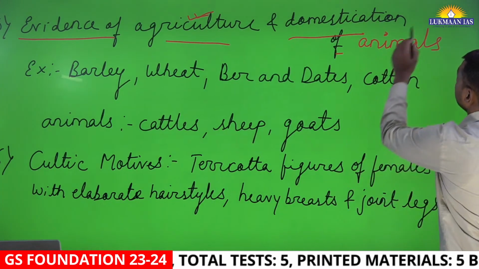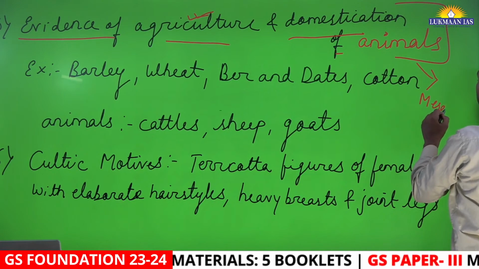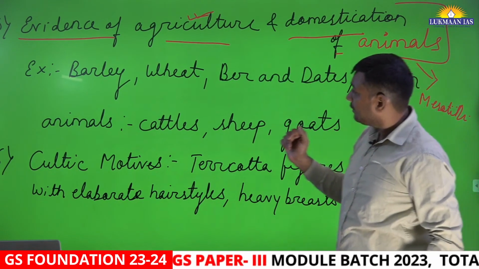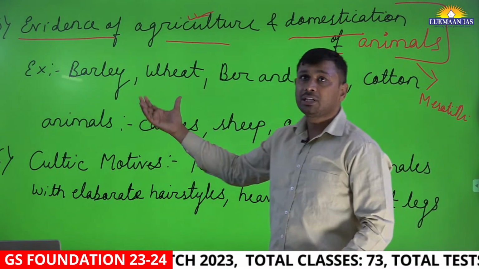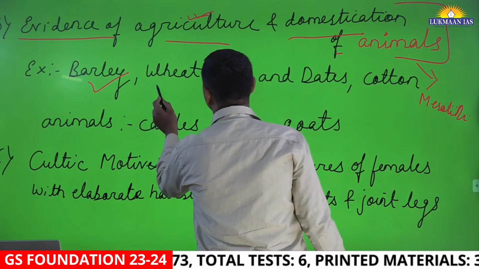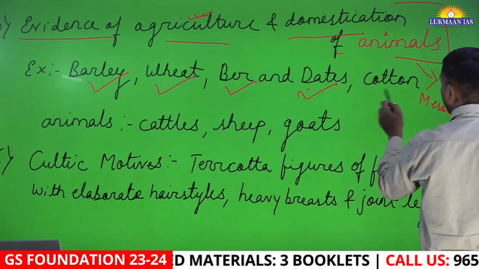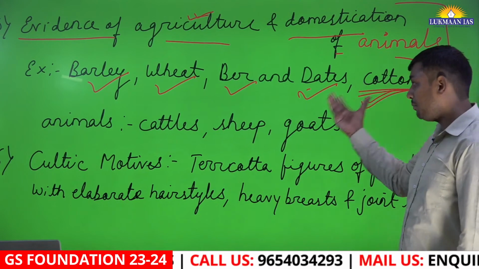Yes, this feature we find from the Mesolithic period onwards, so it is a continuation. And what are the important examples which show agriculture? We find people growing barley, wheat, the seeds of ber, the seeds of date, and most important, we are getting evidence of cotton from Mehargarh.